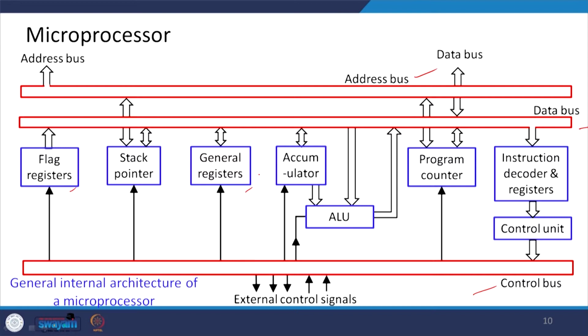I am going to talk about what these are, instruction and instruction decoder and register. Then you have the accumulator which communicates to the ALU, that is arithmetic logic unit. Okay. So, this is the general internal architecture of a microprocessor, and from here they get external control signals.